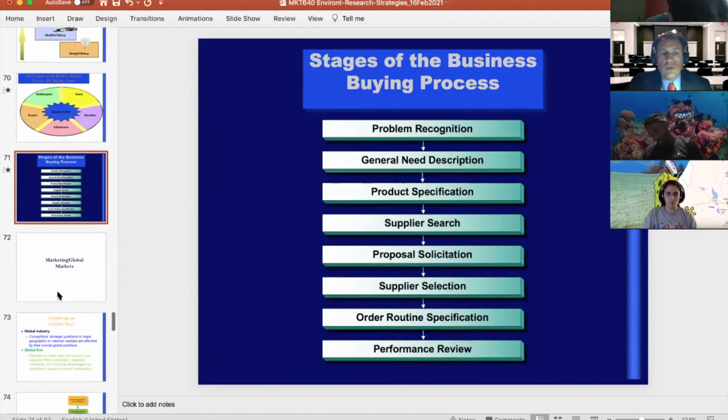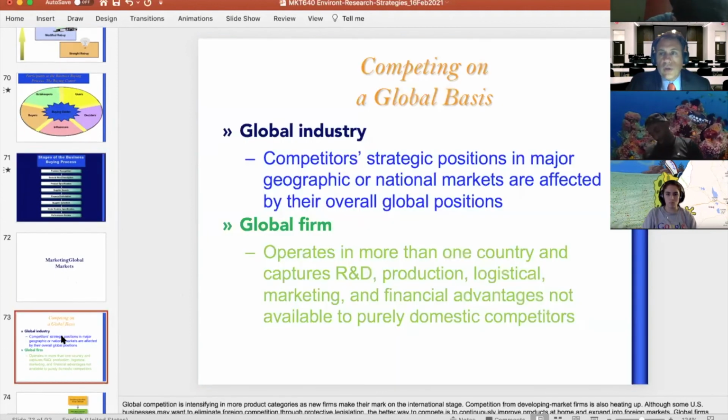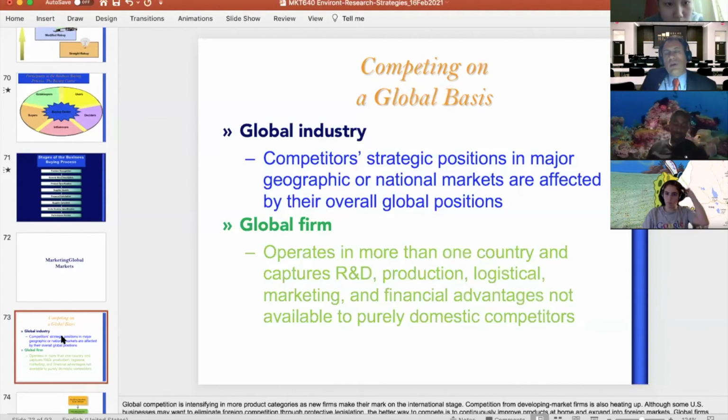Okay, so now talking about global markets, this idea of global market is very interesting because the world is obviously becoming global. So when you're a company now, you are more likely to be interested to grow not just in your domestic market in the US, but grow overseas because it's part of your strategy.